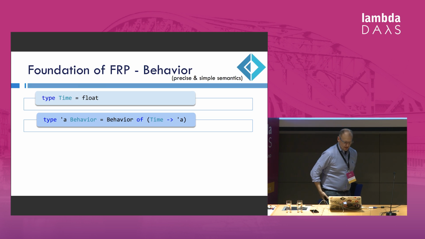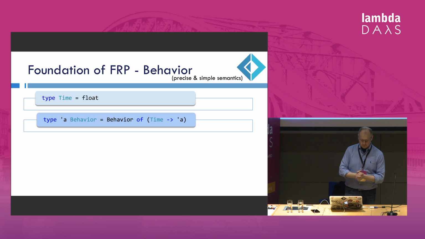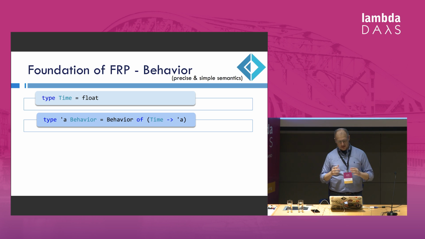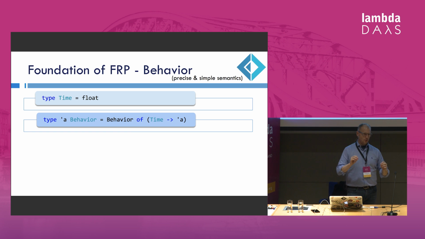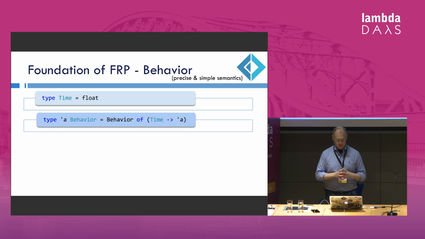All right, and that brings us to probably the most important block. This is the central data type of FRP, which is behavior. Sometimes it's called signal in modern implementations. Like Elm, it's not true behavior, but sort of.